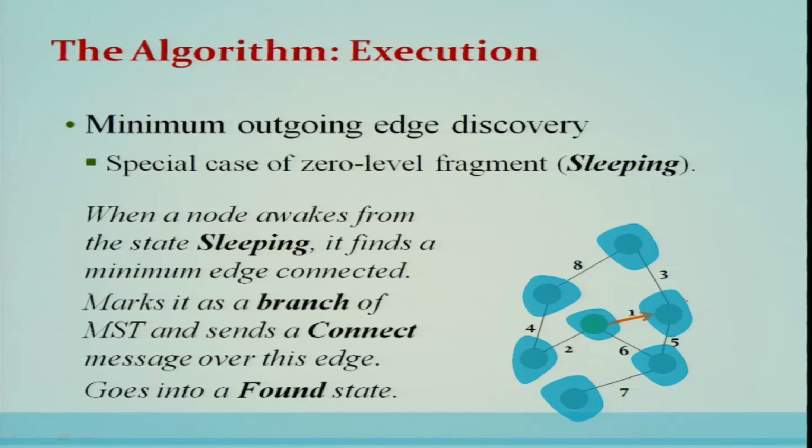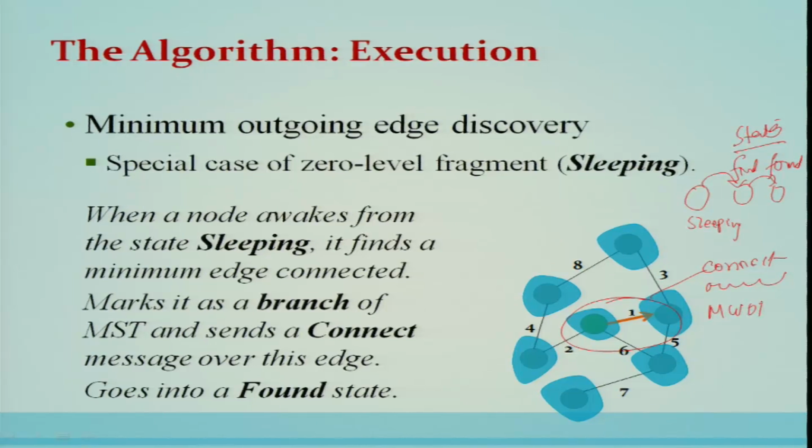state. So we have seen that the node is making a transition from sleeping to find to found, 3 states of the process, and also sends a message, a connect, over the minimum weight outgoing edge, which is shown in red color over here.